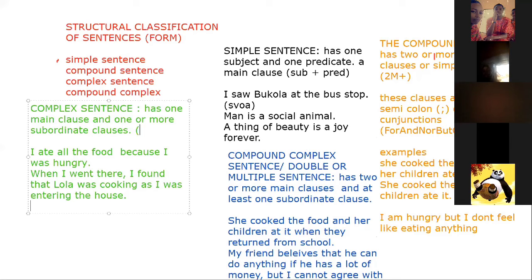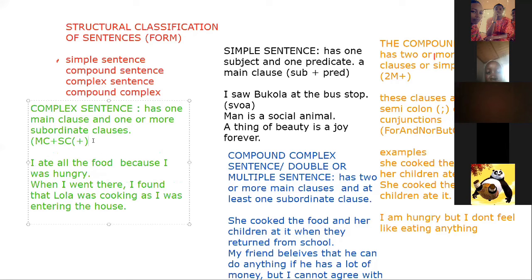It has one main clause and one or more subordinate clauses. That's going to be MC plus SC, open brackets, and another bracket inside the bracket, so you can just put plus there.